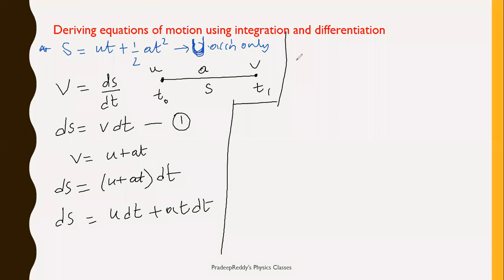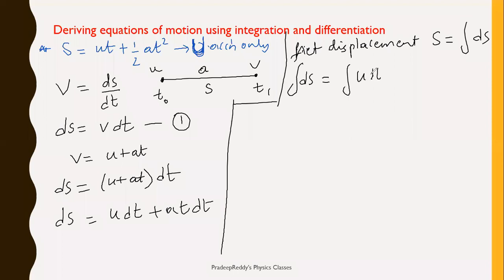You want to find out the final displacement or net displacement. Net displacement is s, which is equal to integration ds. So in order to find out the net displacement, you should integrate the above expression. That is, integration ds is equal to integration of u dt plus a integration of t dt.